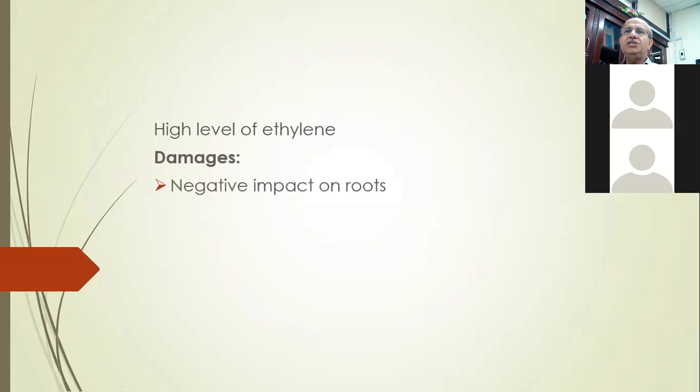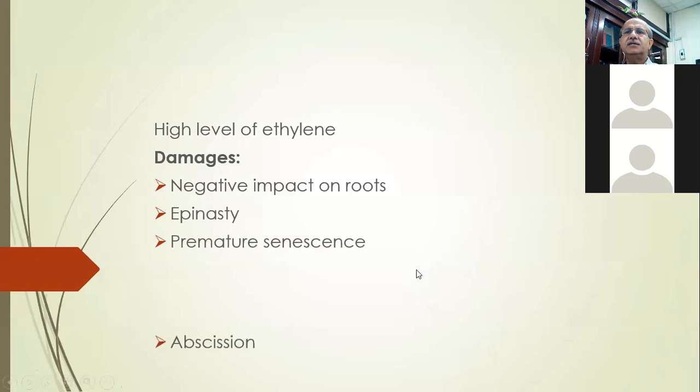So what damage can it cause? It can have a negative impact on roots. Particularly the root growth is affected and the roots remain small. Epinasty, the top tip starts growing up, premature senescence, abscission.